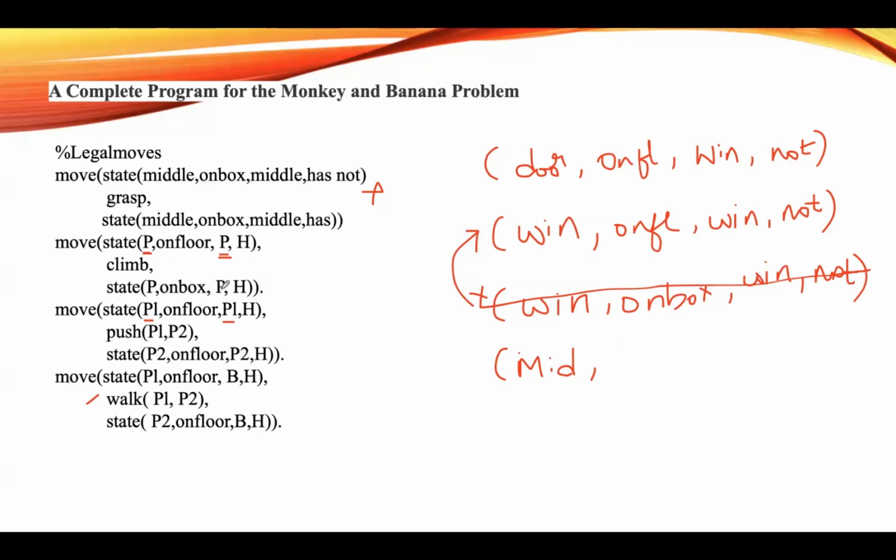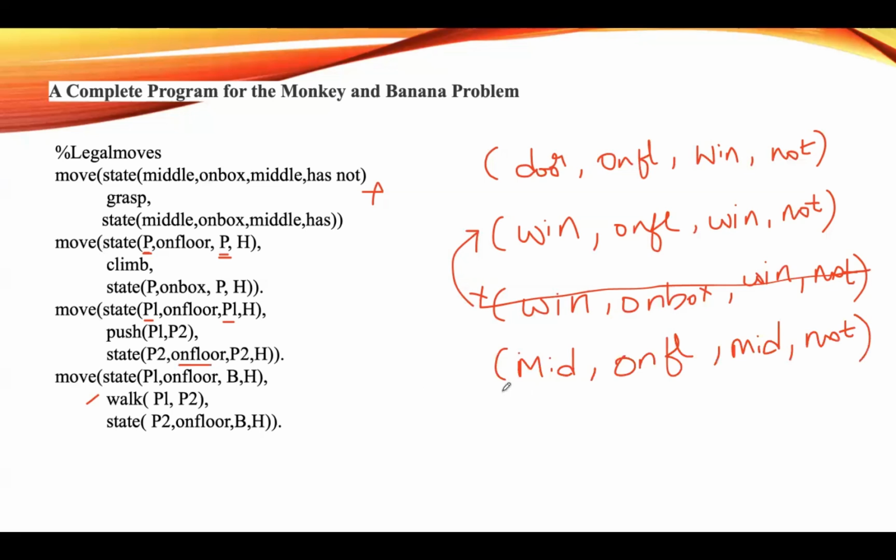And it is still on the floor after executing this, and position of box also changes here. So position of the box is at the middle of the room and still it is not having banana. So this is after applying this third move.